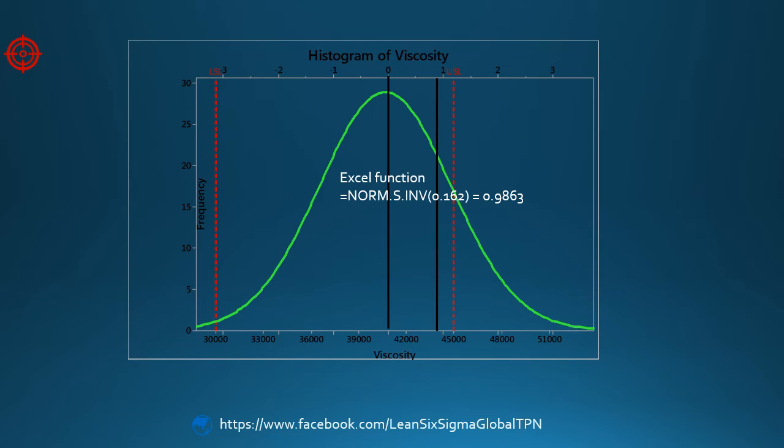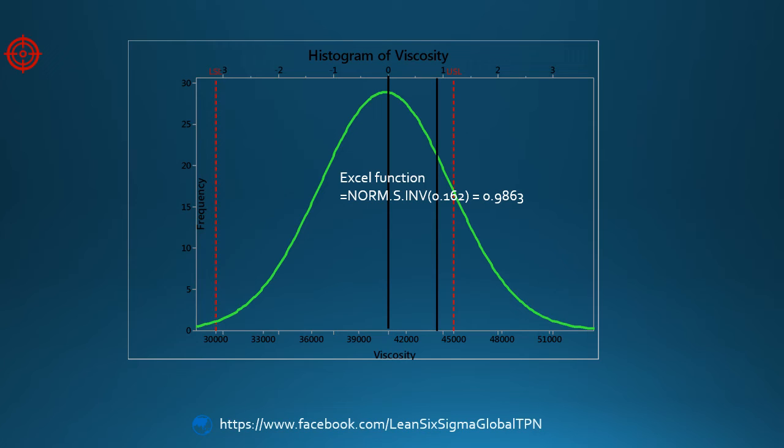The sigma level is calculated using the inverse cumulative distribution function. While the cumulative distribution function gives the area under the probability density function, the inverse CDF does the opposite. It calculates the value associated with an area.